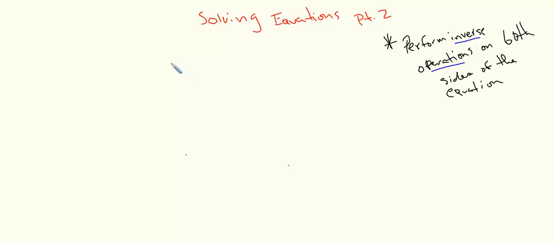So the first example, I said 6 times a number equals 30. Most of you can probably do this in your head and you know that the answer is 5. 6 times 5 is 30. But let me just show you what that looks like by performing inverse operations.